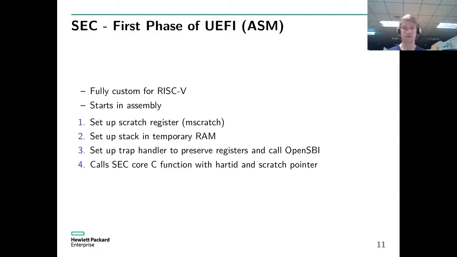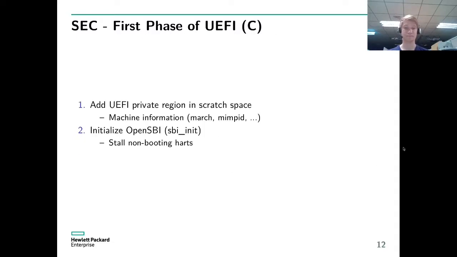The last assembly instruction starts the C function of SEC, and passes it the current hart ID and also the scratch pointer that we just set up. In C, we add a private region to the scratch space that OpenSBI expects, and we store some information about the machine that we're going to use in later stages.